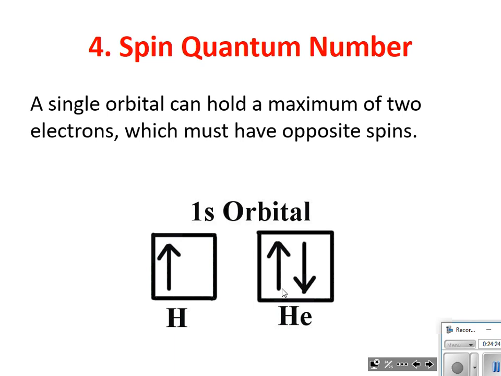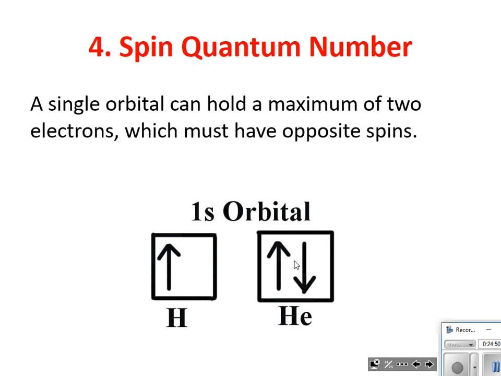It has 1 going down. And this is how we indicate 1 up, 1 down. That's how we indicate the opposite spins we're talking about right here. So this one has 2 electrons on this orbital.